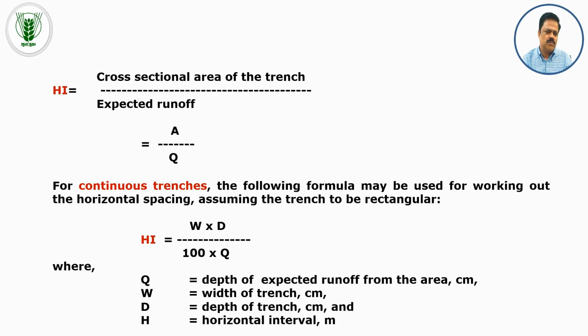For continuous contour trench, the following formula may be used for working out the horizontal spacing, assuming the trench to be rectangular. Horizontal interval is equal to the cross-sectional area, that is width of trench into depth of trench, which is A divided by 100 into Q. 100 is used to convert HI into meters.